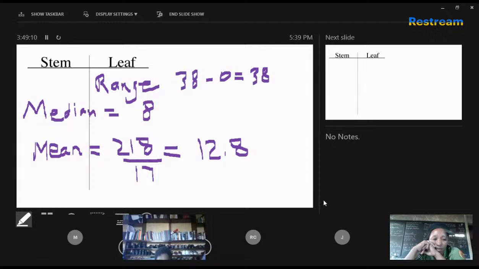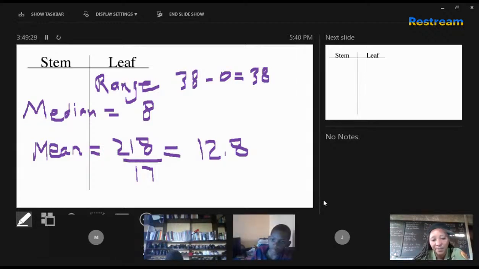And what's the median? It's when you put all of the numbers together.